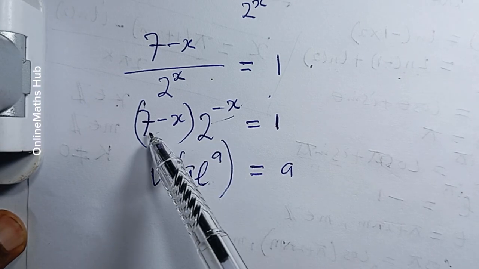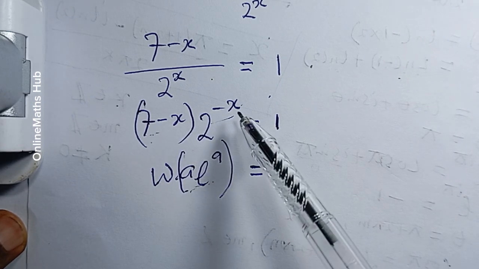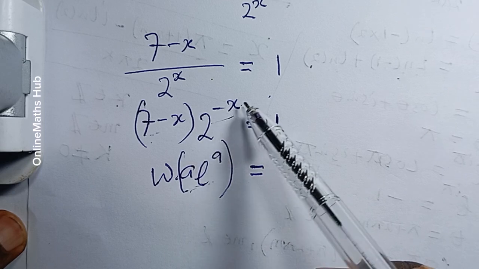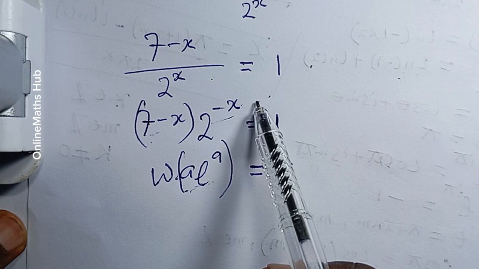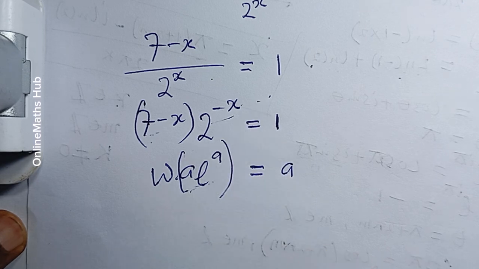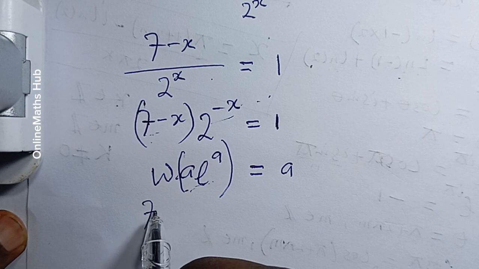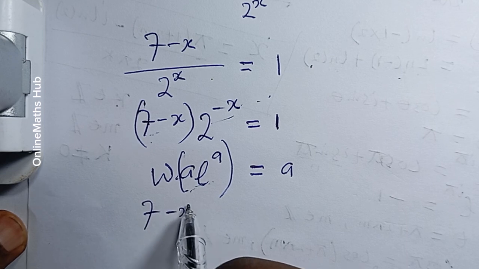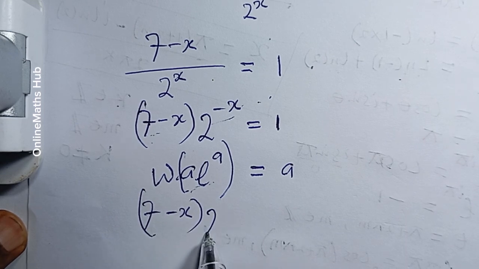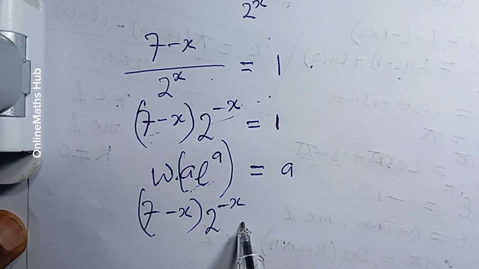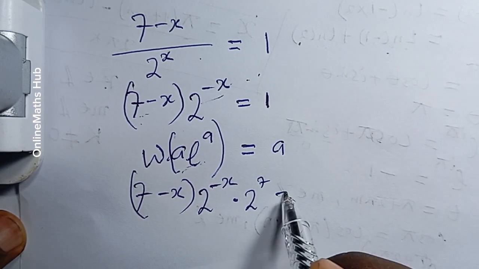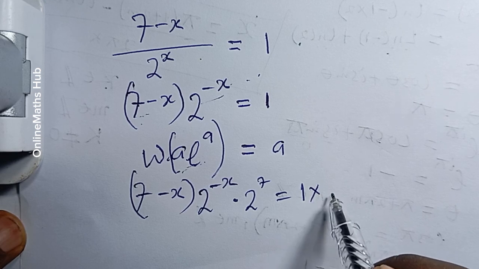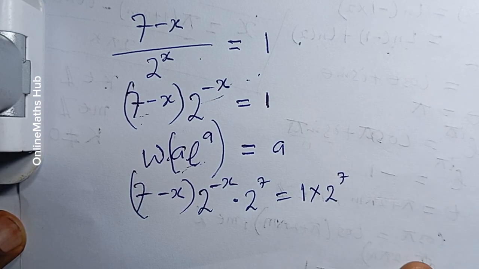Okay, so since we've got 7 minus x right here, and then we only have minus x here, we want to find a way to get positive 7 there, and we can achieve that by multiplying both sides by 2 power 7. If I do that, I'm going to have 7 minus x, multiplied by 2 power negative x, multiplied by 2 power 7, and it's equal to 1 multiplied by 2 power 7.